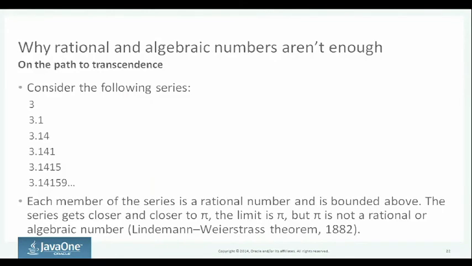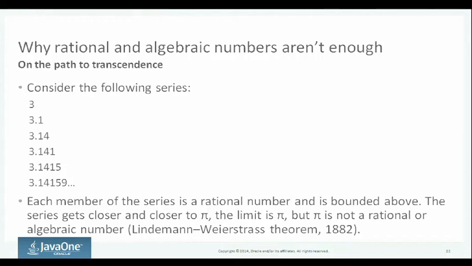Consider this series here, 3, 3.1, 3.14, and so forth. So this is the expansion of pi, digit by digit. And each member of this series is a rational number, and it converges. It gets as close to pi as you want, and it's bounded above. Now, even though it has these properties, pi is not a rational number. It's even worse than that.